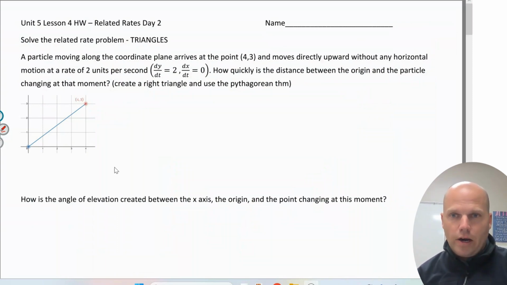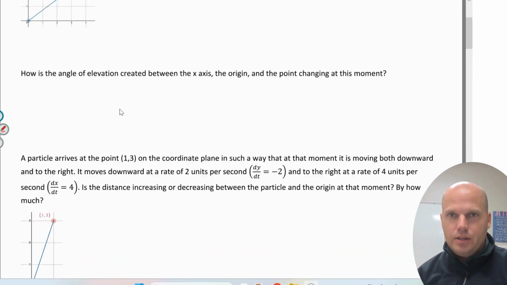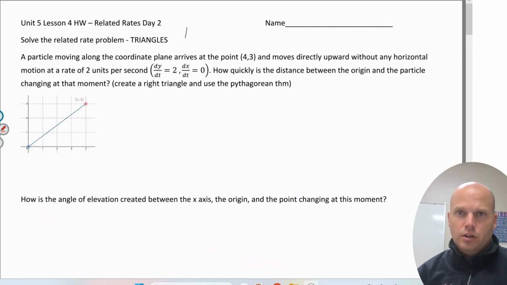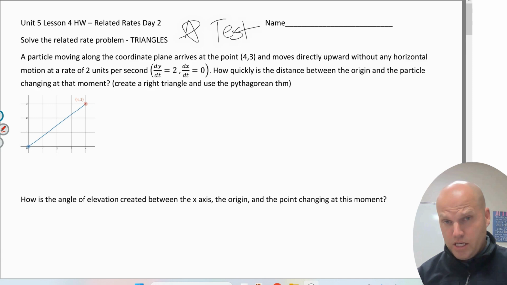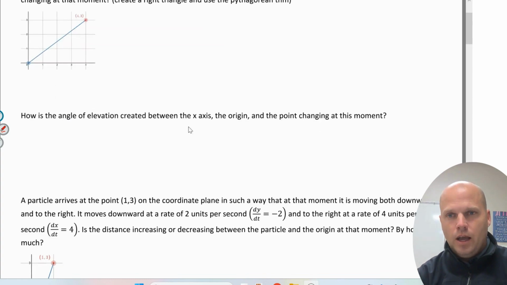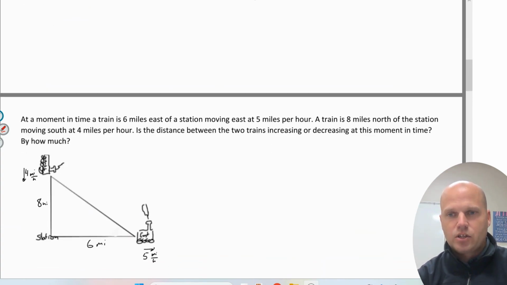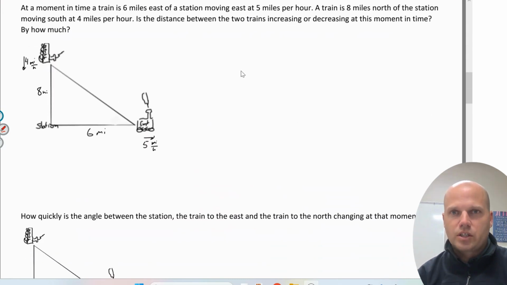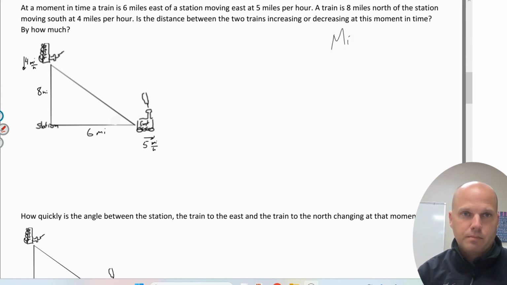Just letting you know right off the bat that this first page is what it's going to look like on your test. This would be like a part C or D or E on a free response question. And then after the first page, you will see questions like these on your midterm.